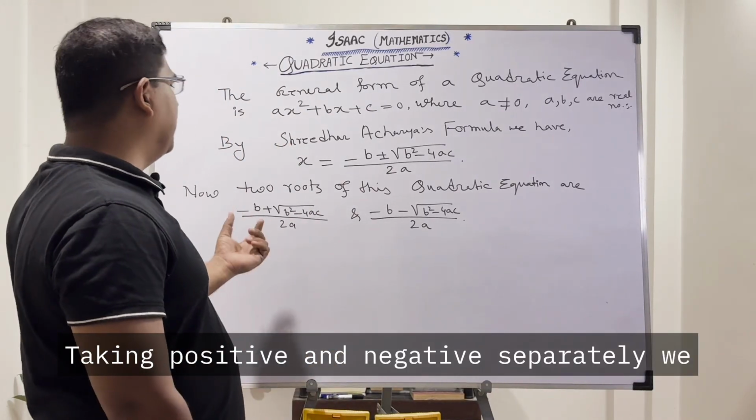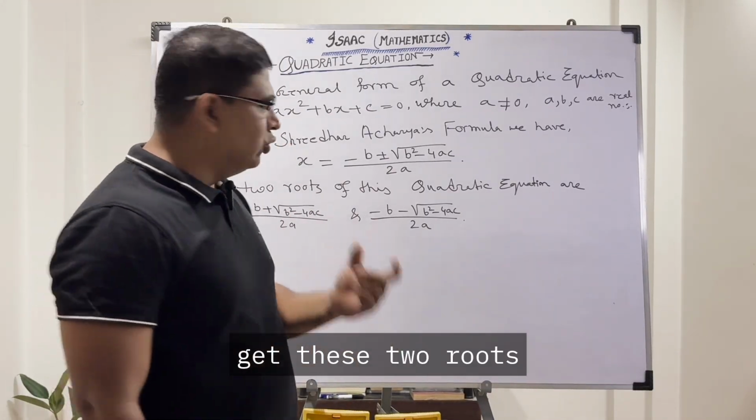Taking positive and negative separately, we get these two roots.